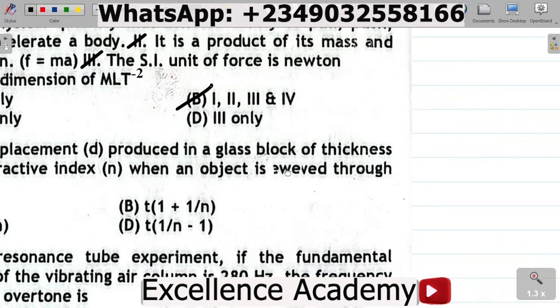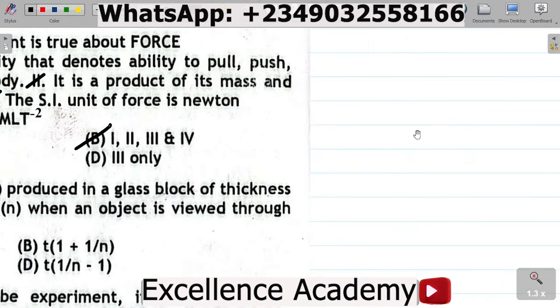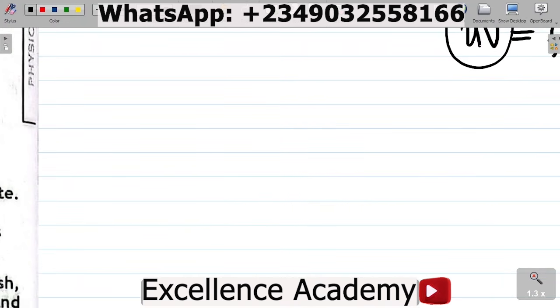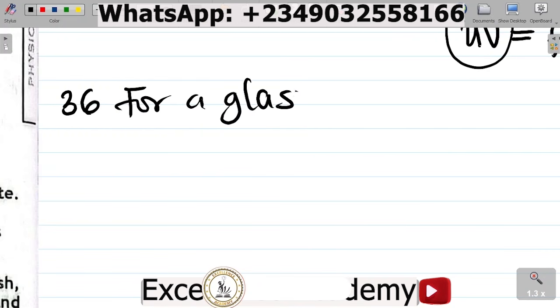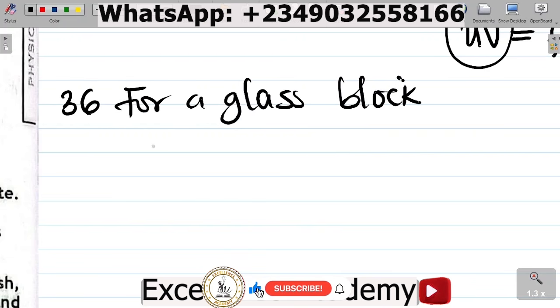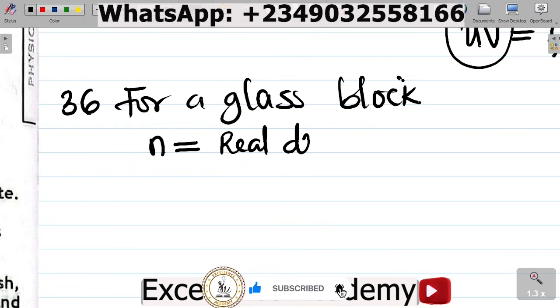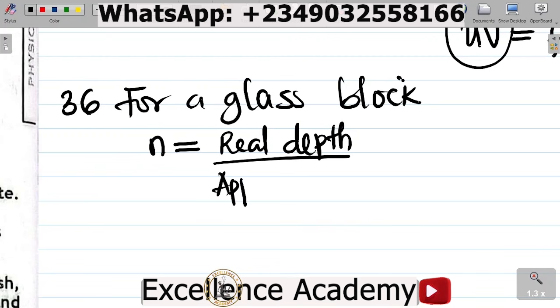Let's bring this up. Recall that for 36, you want to note that for a glass block, refractive index n is equal to, we'll use the concept of real depth all over apparent depth.